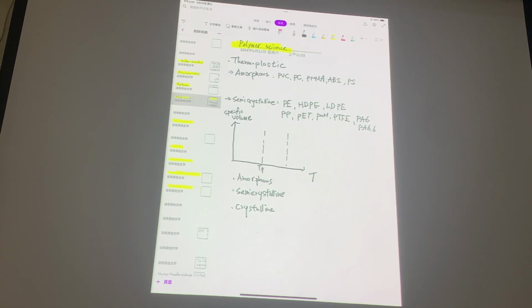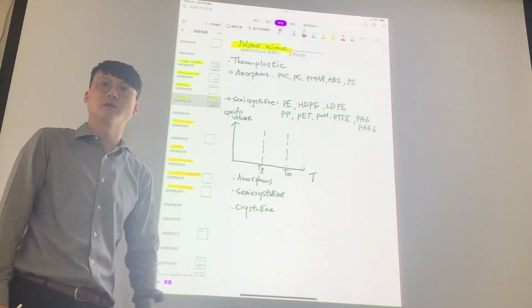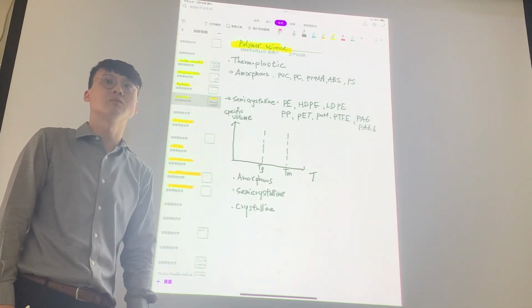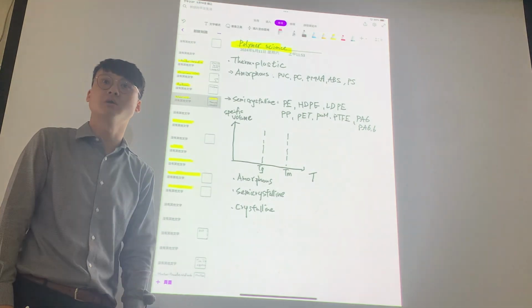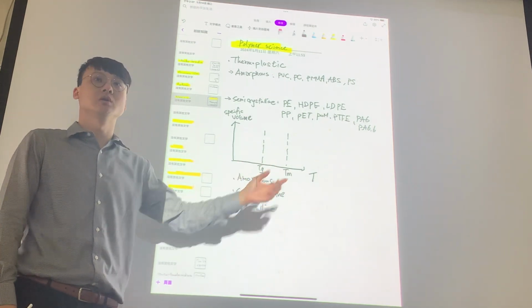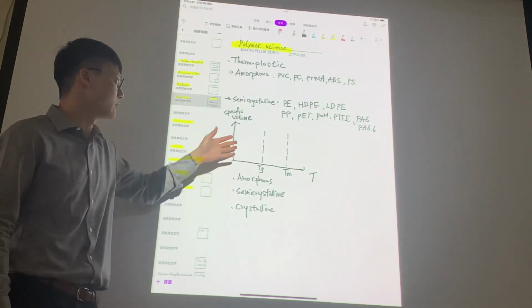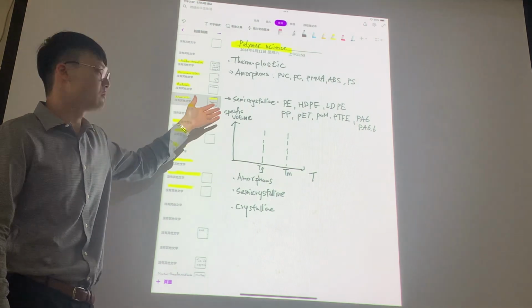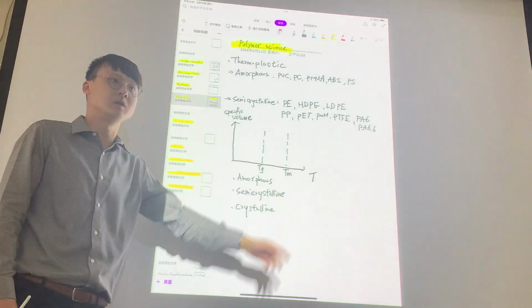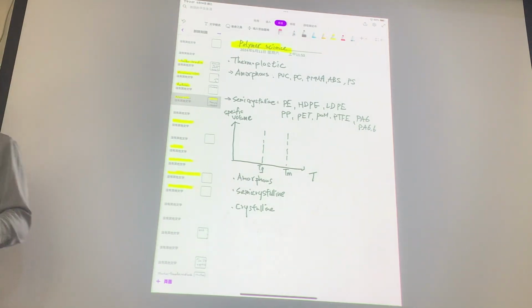This is Tg and Tm: the glass transition temperature, and the melting temperature. I'm sure you have heard of the glass transition temperature. Tm is the melting temperature. Can you draw the curve for all three materials, with y as specific volume and T as temperature?